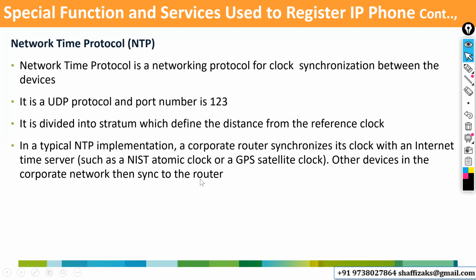Means my CUCM is synchronizing to the gateway. The gateway is synchronizing to the public NTP server. Internally, whatever servers you have, not only CUCM, any other server also, all those devices will get synchronized to the gateway. Clear? That's how we can configure.